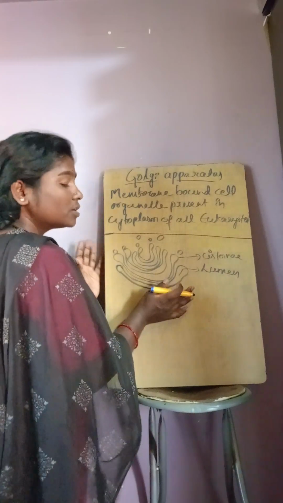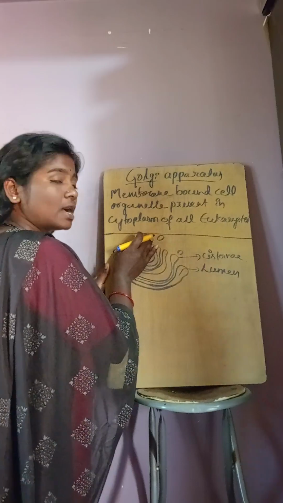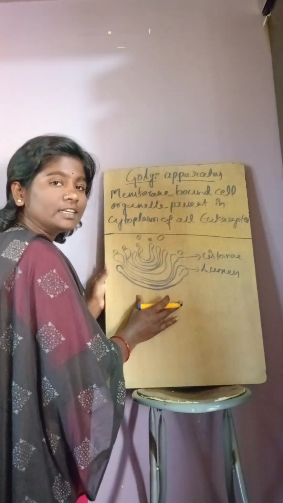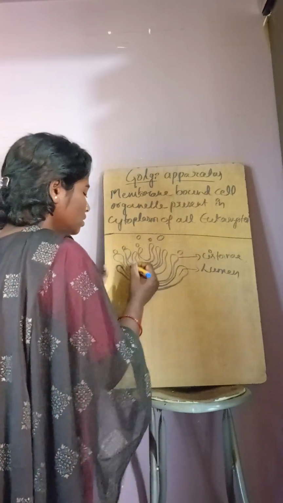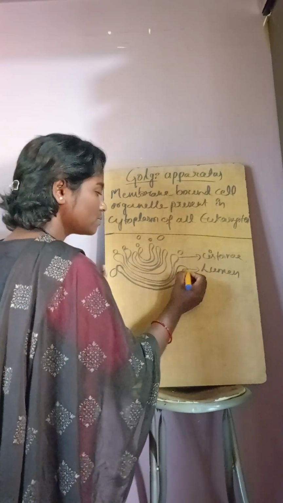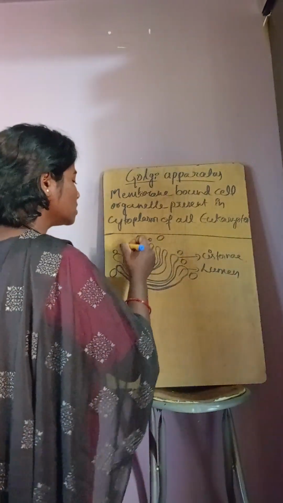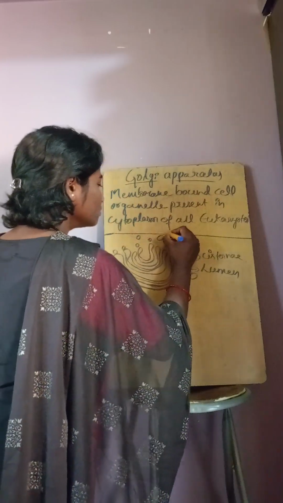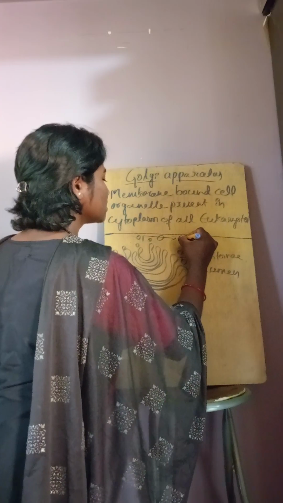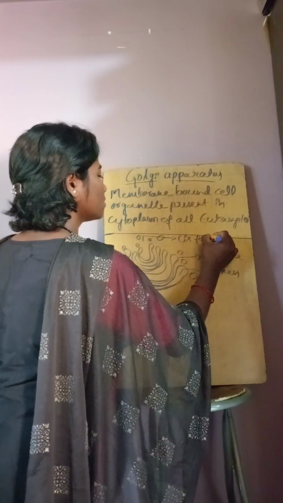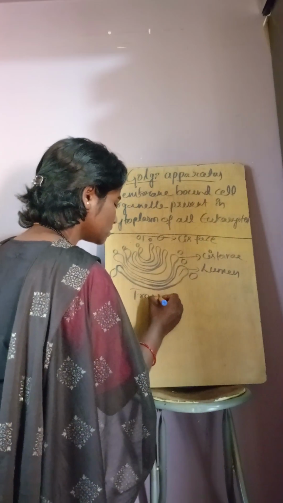Also we can observe two faces in the Golgi apparatus: this is the cis face and this is the trans face. And we can also observe some vesicles here.